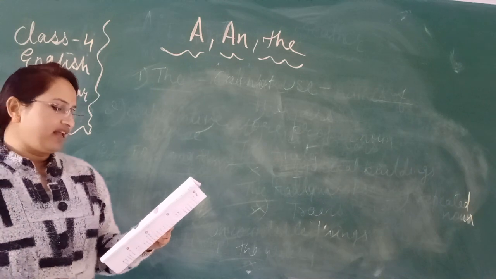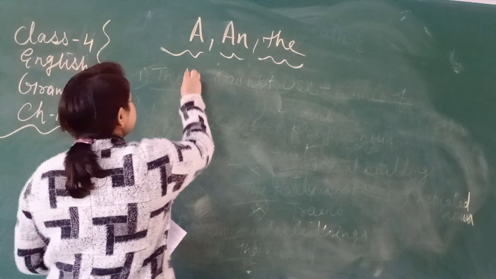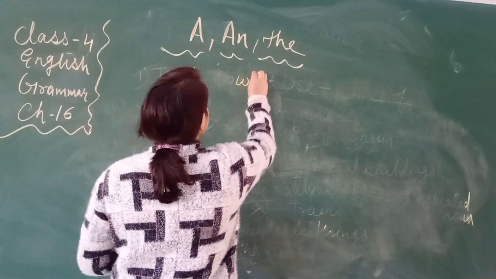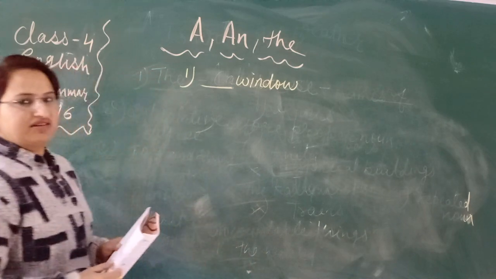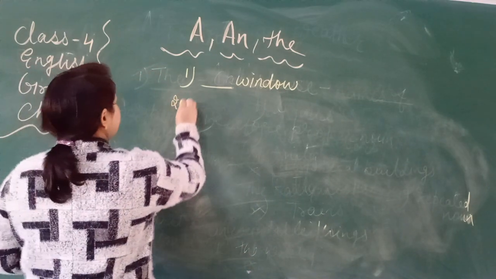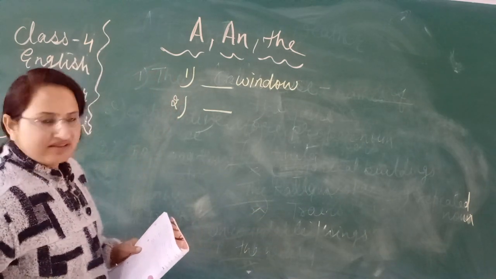Put a or an before the following nouns. First is window. Which article will come here? Okay, I'll do one thing. I'll write all the words. Then we will do it.